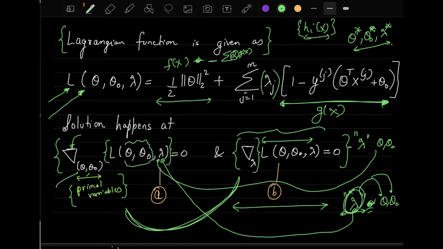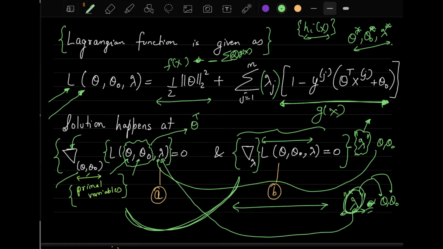One thing to note, as he has just pointed out, it's a good point, is that this lambda is a dual variable, and we do not get any information from this dual variable, because the important point is to get the values of theta and theta 0, since these are the values which actually define the hyperplane.